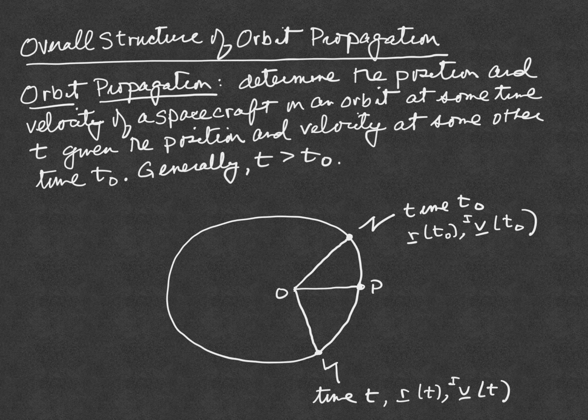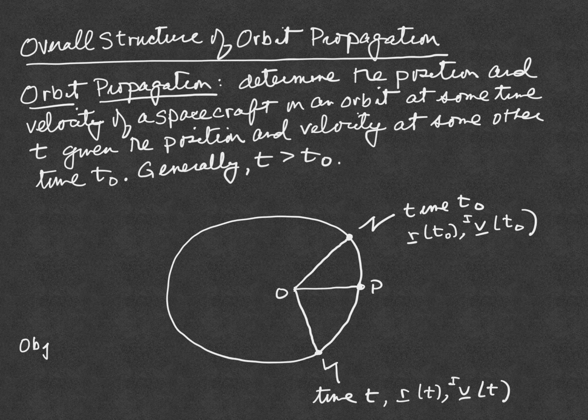Now, given that we've moved from t0 to t, we want to know, given the initial position and velocity and given the amount of time that we've moved on the orbit from t0 to t, in this case the time difference, t minus t0, what is the position and what is the inertial velocity at time t. So that's the question.